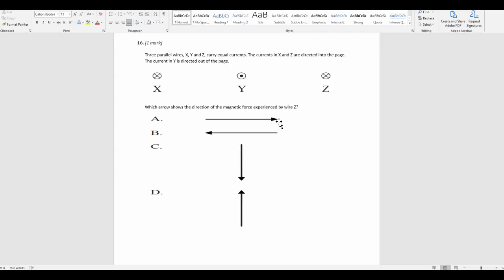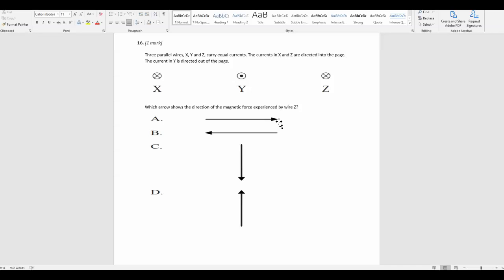I mean, yes, it's also affected by wire X to some extent, but because the distance between Y and Z is less than the distance between X and Z, wire X doesn't really play too much of a role in this problem. Okay, I would suspect just by kind of looking at the problem that the field at Z due to X and Y would be in opposite directions, but wire Y is going to win because the distance is closer.